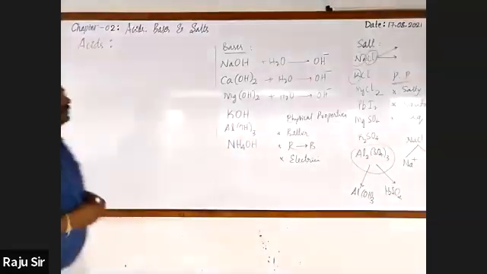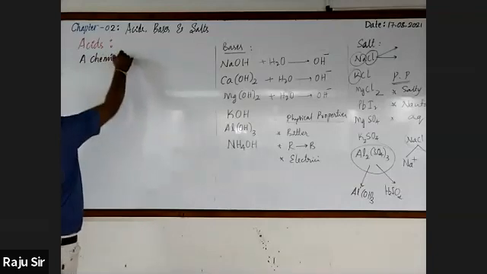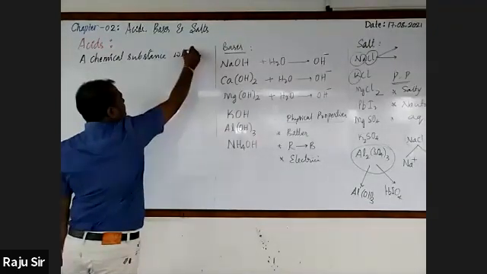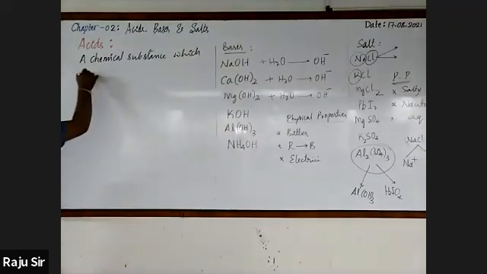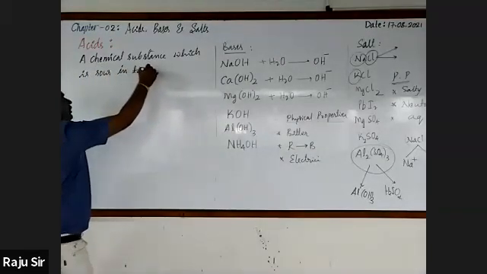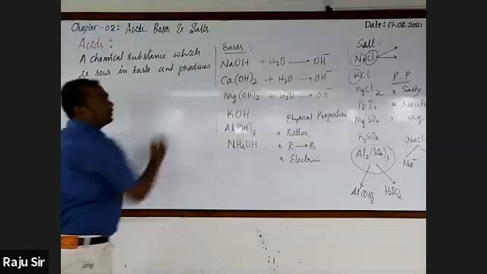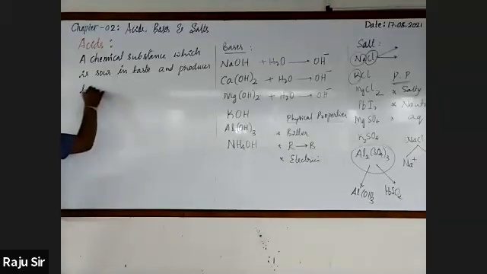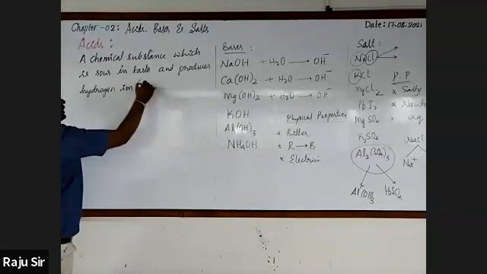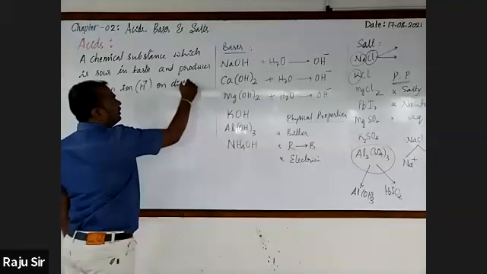Write the definition. A chemical substance which is sour in taste and produces hydrogen ion, H plus, on dissolving in water is called an acid.